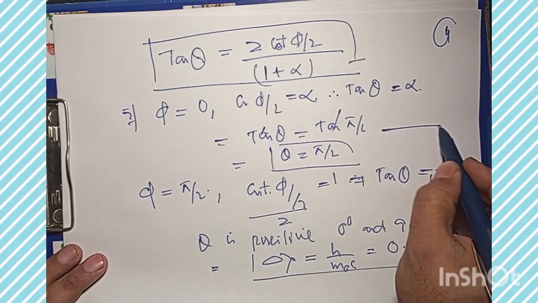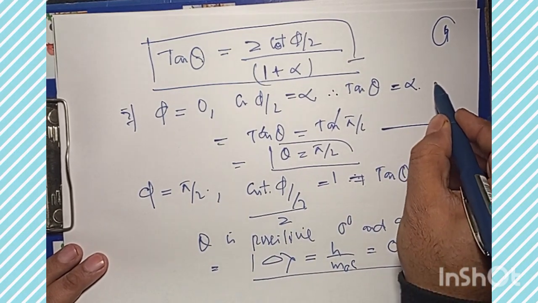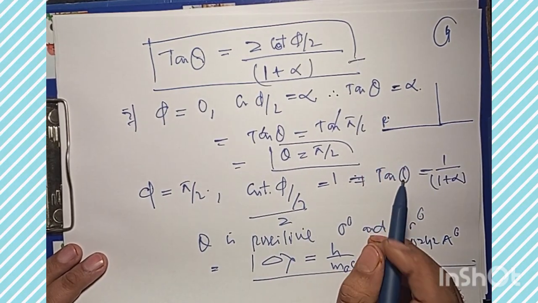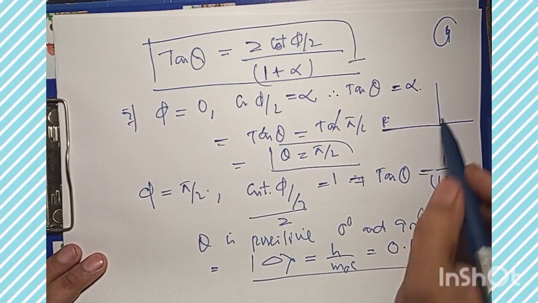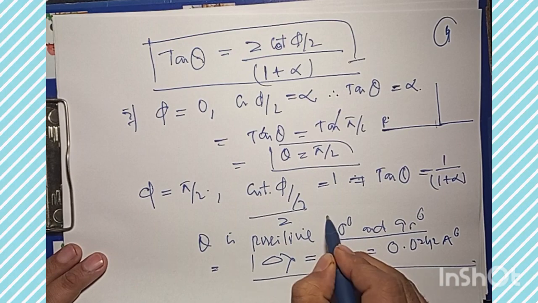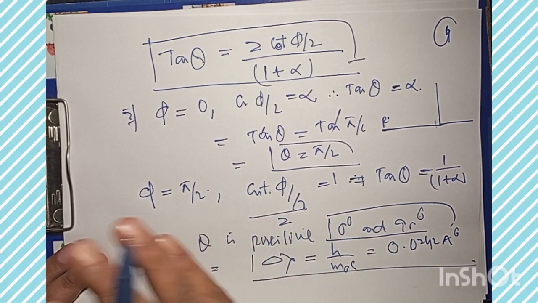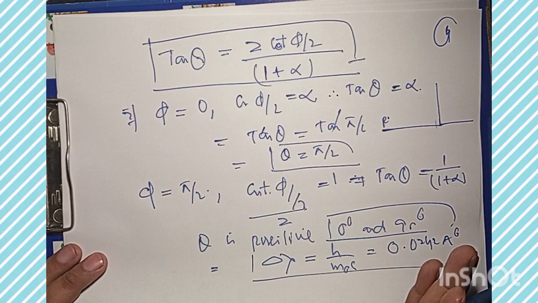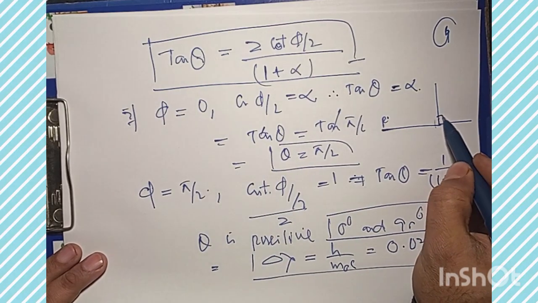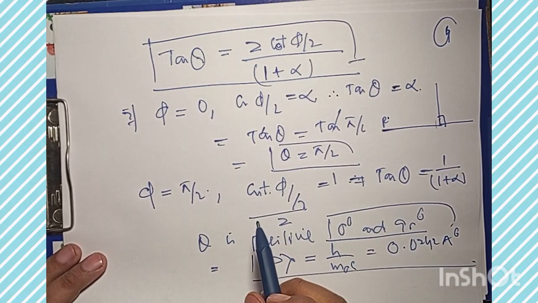So the change in the wavelength at that time is 0.0242 angstrom, while the electron moves in any direction between 0 and 90 degrees. So the electron can have any direction between 0 and 90 degrees, and the direction of the photon is perpendicular to the direction of incidence.